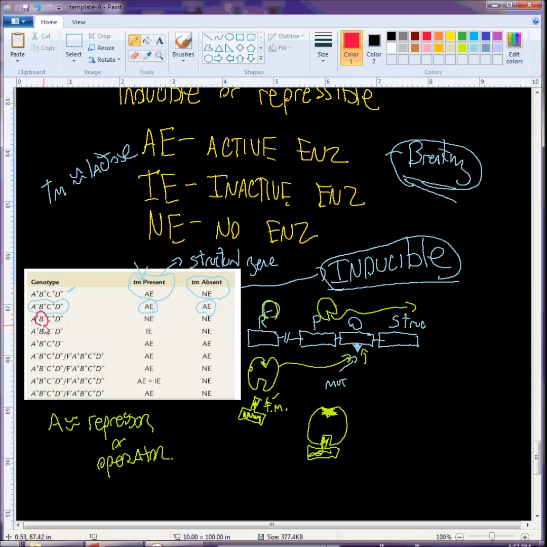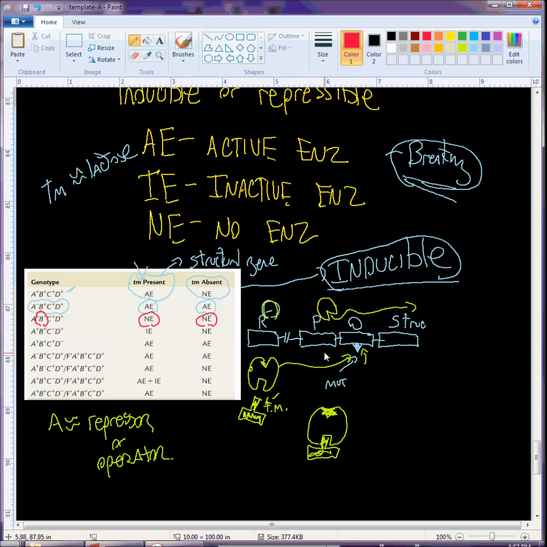B minus now. Okay, this is a strain where everything is normal except for gene B. And when gene B is mutated, we have no active enzyme being made in either condition. Whether or not the theoretical molecule is present or absent, there's no enzyme being made.